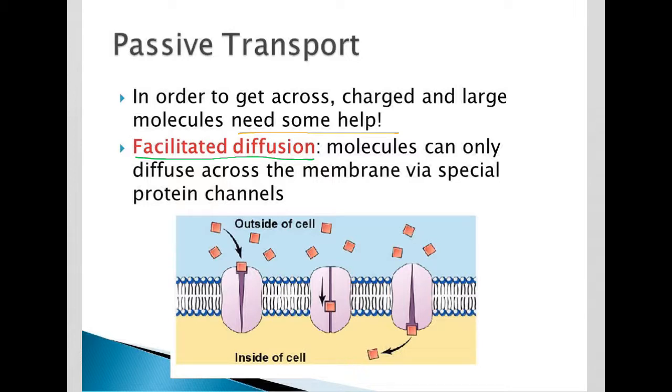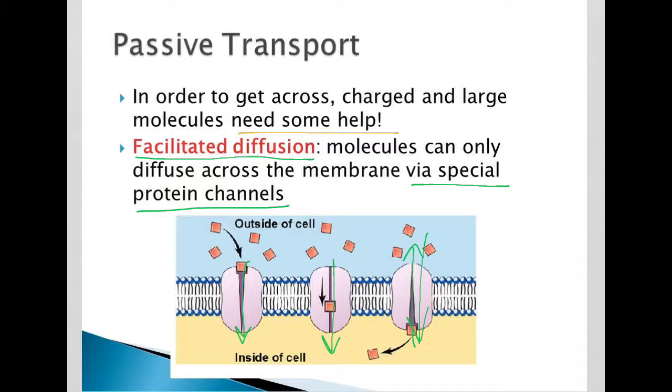In facilitated diffusion, these larger or charged molecules will only be able to diffuse across the membrane if given special protein channels. These channels will be sort of like bridges or tunnels through which these charged molecules can move through the membrane without being affected by that hydrophobic center to the membrane.